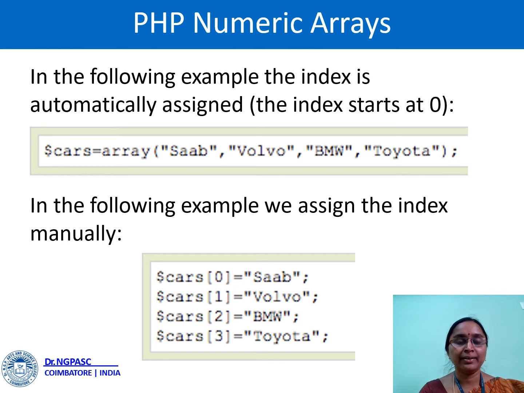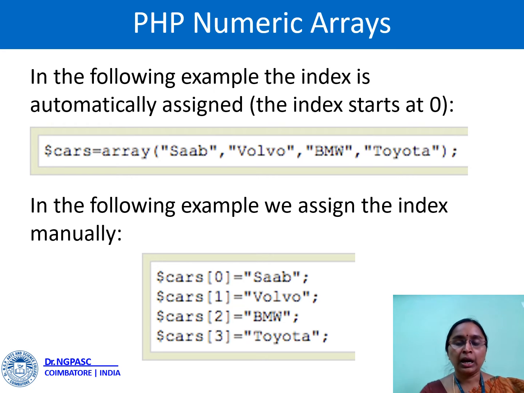Look here, $cars. A variable in PHP is always represented with the dollar symbol. So $cars is an array variable name. Its values are Saab, Volvo, BMW, Toyota, so now it is a list of four cars. The index is assigned automatically: the first value is Saab, the second is Volvo, the third is BMW, the fourth is Toyota.